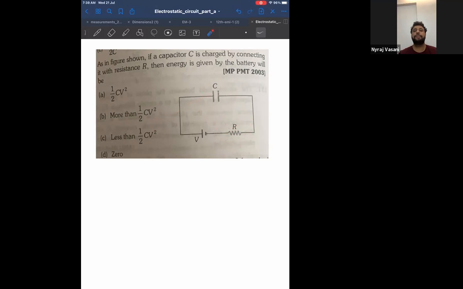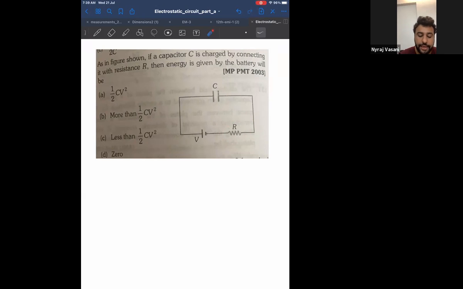Considering heat is also a part of energy, therefore answer will be B. It will be more than half CV square because of this component. So Rajvi, you have given me the right answer. So Virali and Sheetal, just check whether you understood the concept.